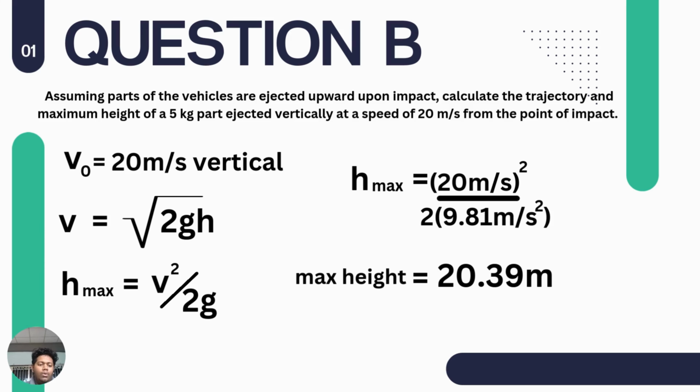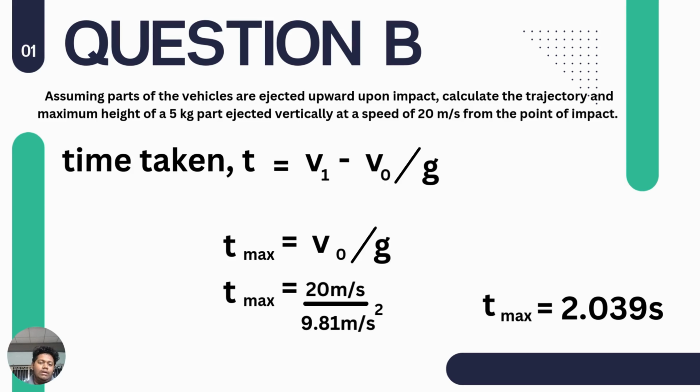We have the formula v equals the square root of 2gh, and rearranging it, we find h max, the maximum height, equals v squared over 2g. Substituting the values, 20 meters per second squared over 2 times 9.81 meters per second squared, the maximum height will be 20.39 meters.